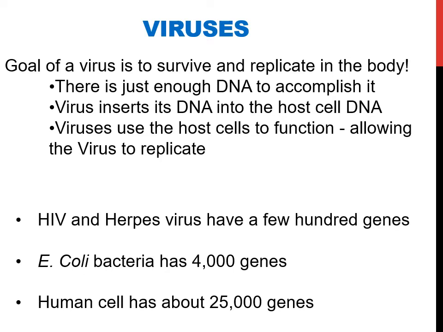It's the same virus that gave a patient chickenpox earlier on in life. Well, that virus stays with you. It lives in your nervous system, and it comes out as herpes zoster later in life. Okay? And we'll talk about that in more detail later.